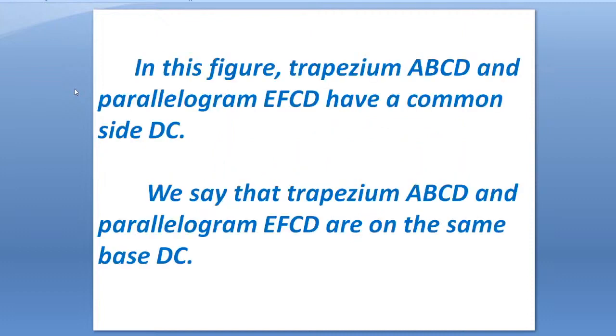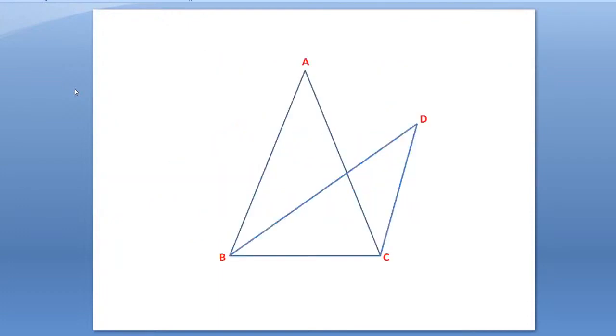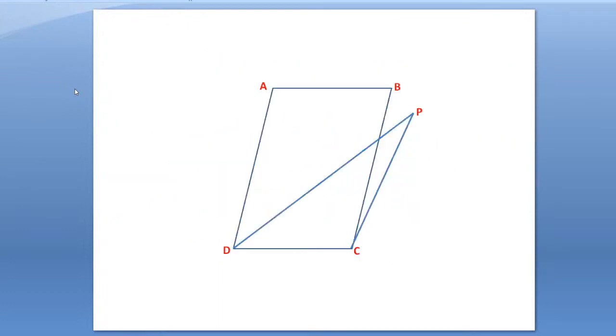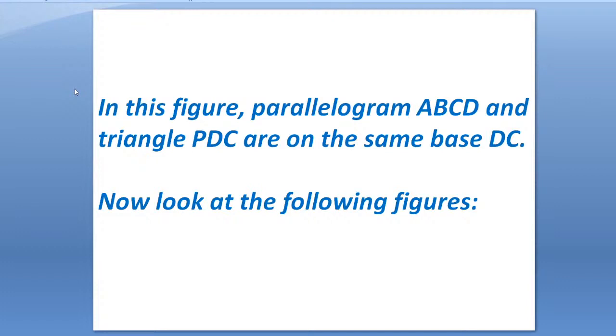Here CD is same base, here SR is same base, here BC is same base, here DC is same base. This is important to understand the same base of two given figures, maybe trapezium and parallelogram, both parallelograms, both triangles, triangle and trapezium, triangle and parallelogram also. Okay, now look at the following figures.